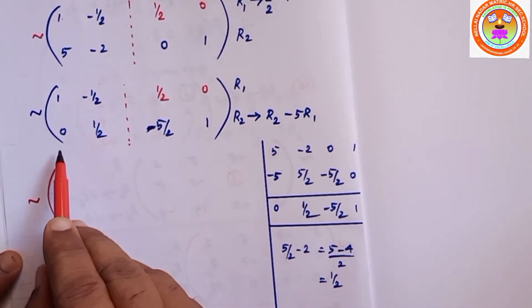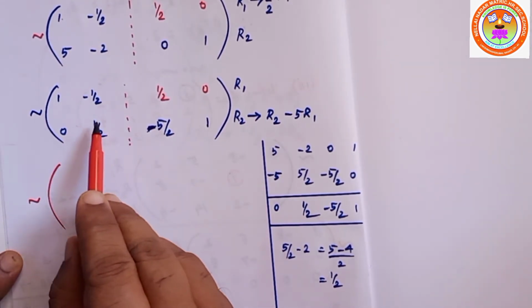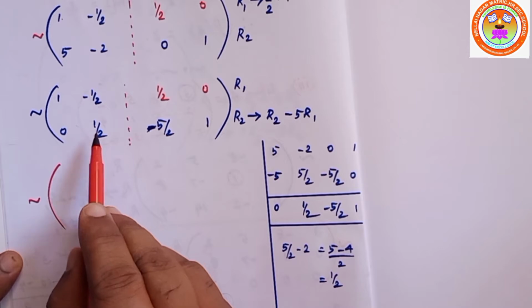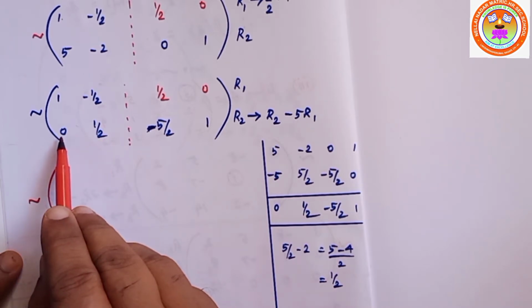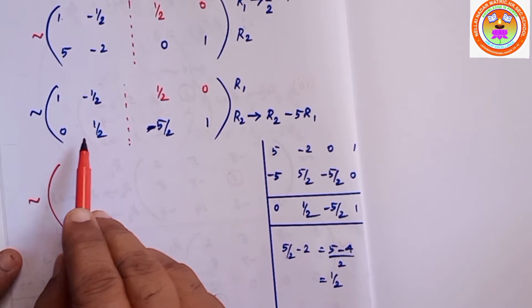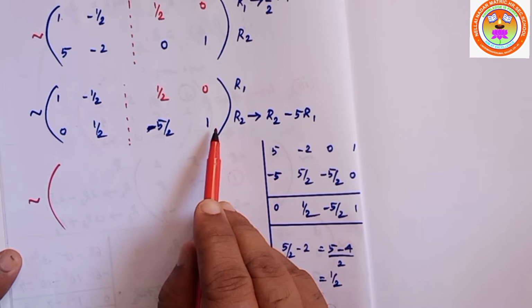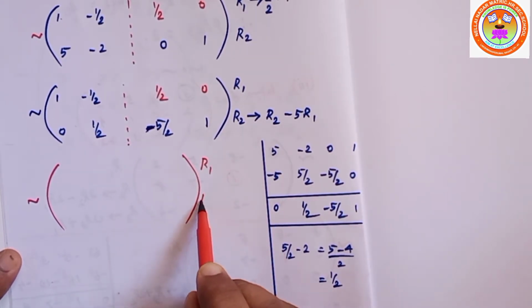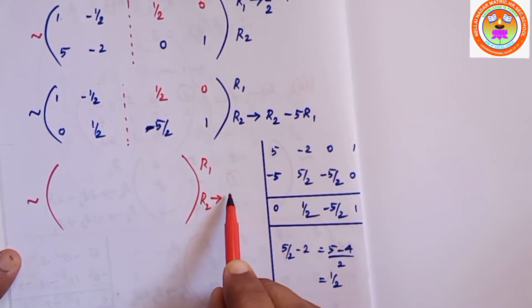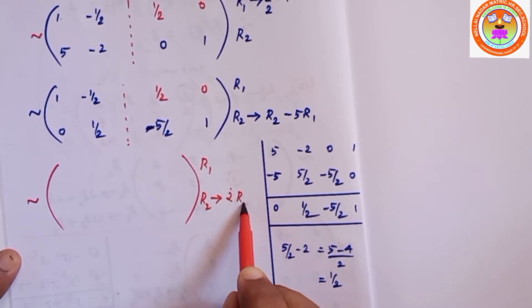So it is 1 here, 0, it has to be 1. For making this half into 1 you just multiply by 2, at the same time the 0 is not changed, because 0 into anything is 0, so you can multiply R2 by 2. So R1 write as it is, R2 implies 2 into R2.